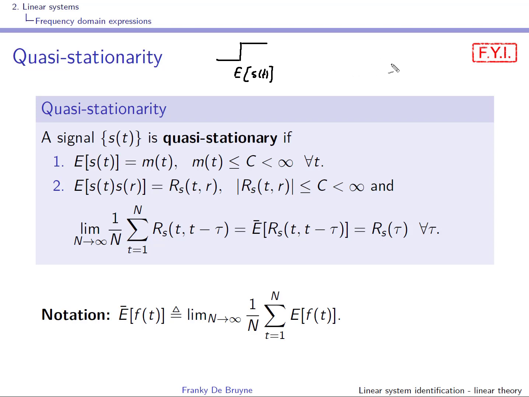If you would look at a ramp signal, then of course you see that the expected value of this ramp signal will be growing with time, and it is not bounded. So a ramp signal is not quasi-stationary.